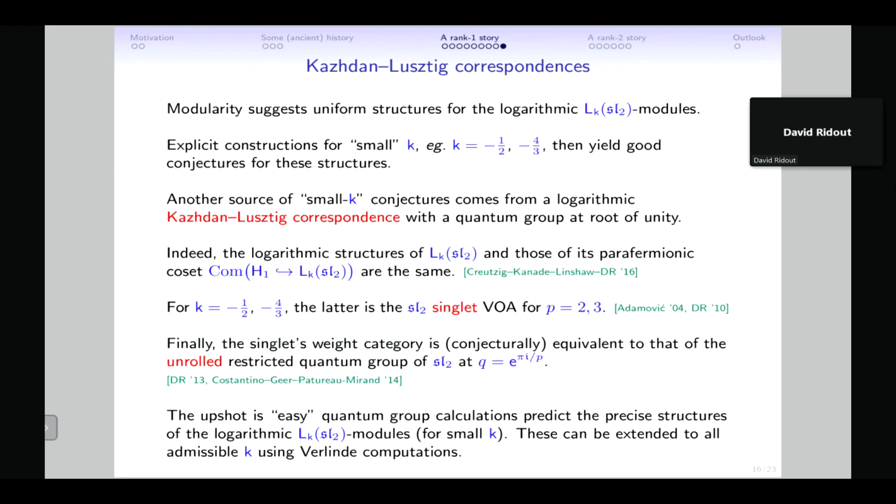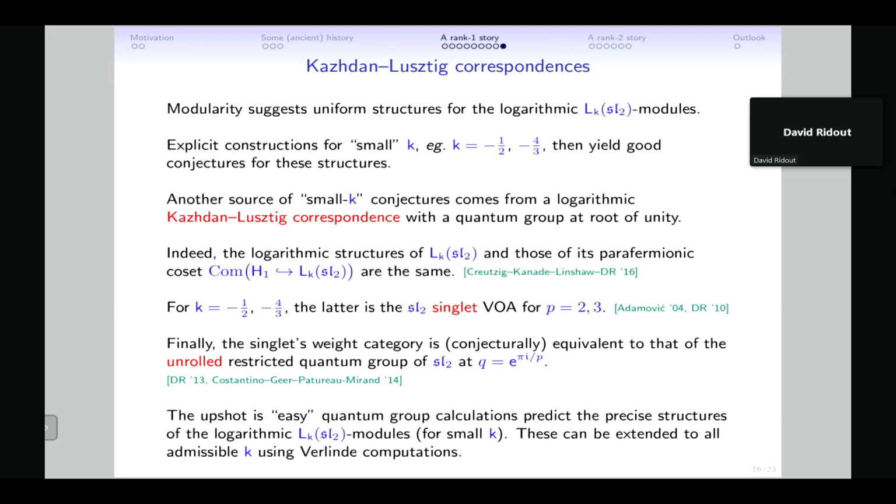This is all conjectural, but it's pretty well tested in the case of SL2 that if you want a quantum group category which is the same, and you can choose what the same means, then the singlet VOAs do the job for you, and the quantum group turns out to be this funny thing called an unrolled restricted quantum group. I won't explain what that is either, because fortunately time is never my friend.